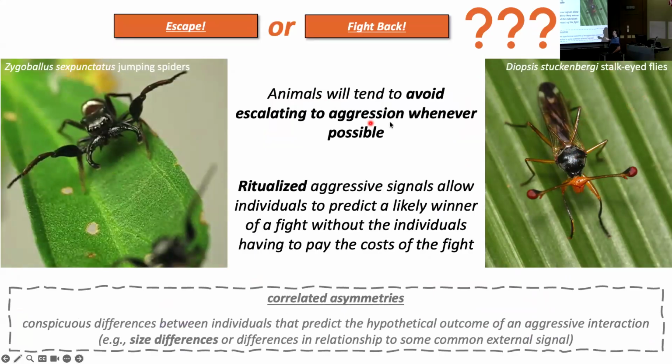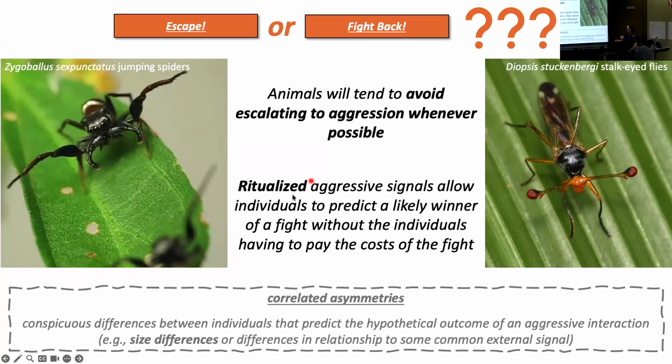Here are some jumping spiders. Like I was mentioning, animals will tend to avoid escalating to aggression within their species whenever possible. It's very rare that you see a fight to the death within species.